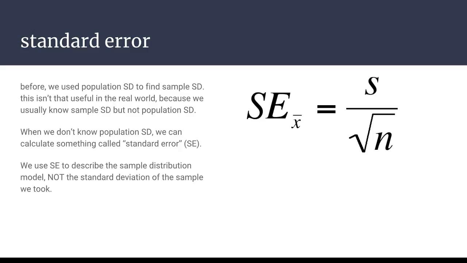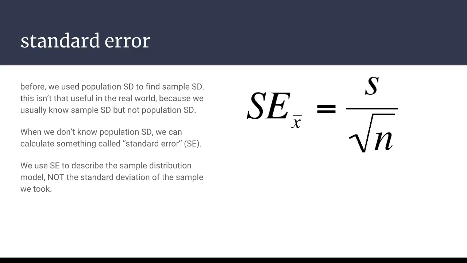Because if we remember, as n increases, then the distribution becomes slimmer, right? We went over that using the other formula, so we have to do the same thing here. So if we're describing the sampling standard deviation using a t-distribution, we use something called standard error.